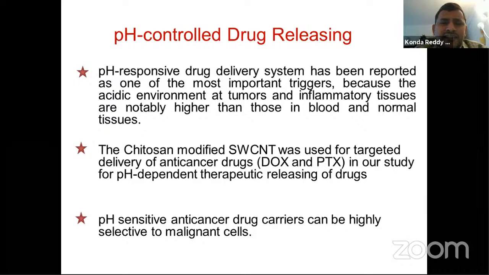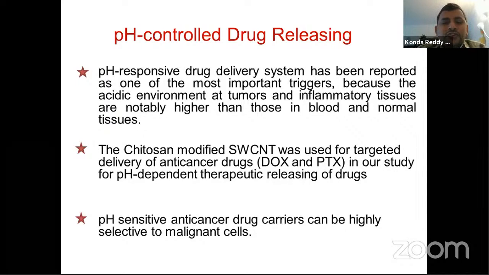So we use this pH responsive drug delivery system, which has been reported as one of the most important triggers, because the acidic environment of the tumor is normally higher than that of the blood and normal tissues. For this study, we have used chitosan modified single wall carbon nanotube.